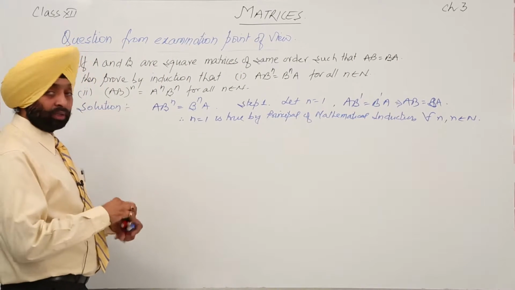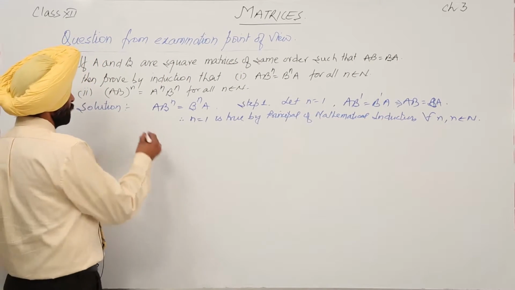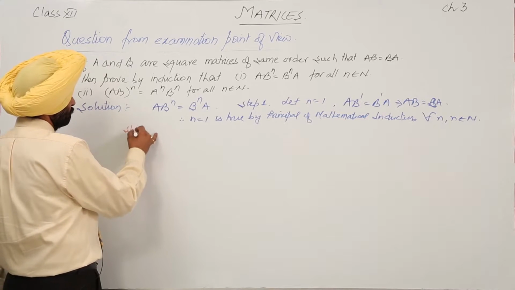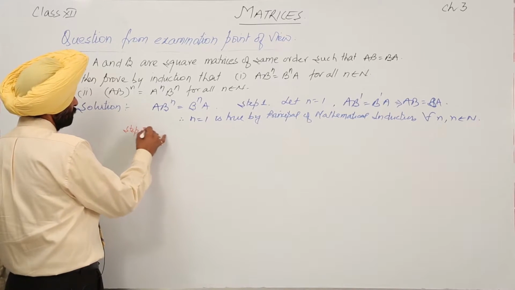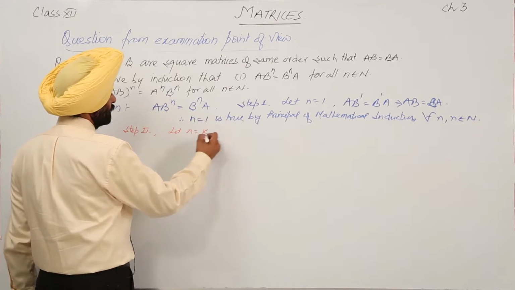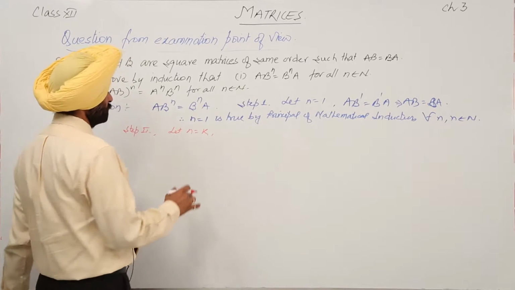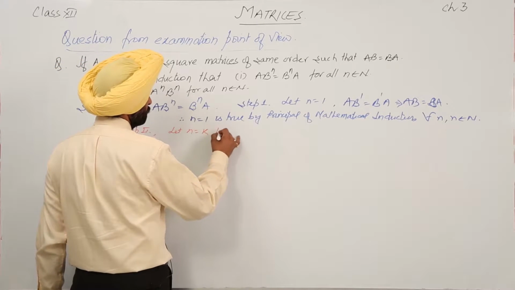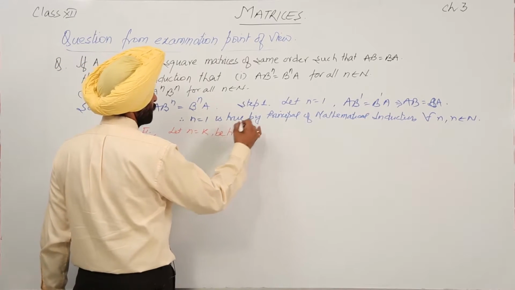Now step 2 is what? It is supposition. Step 2, let n is equal to k be true.